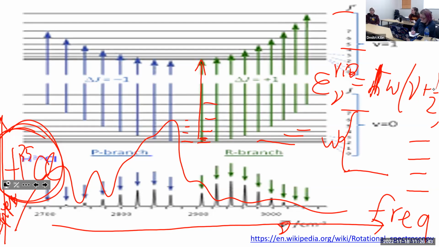So we have a diatomic molecule, H35Cl. We know that it has a spectrum. A spectrum is a transition between different energy levels. What is the nature of these energy levels?